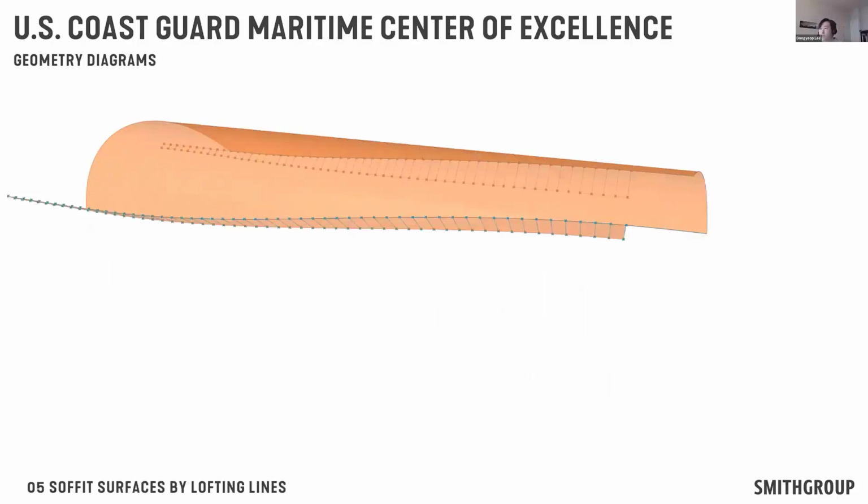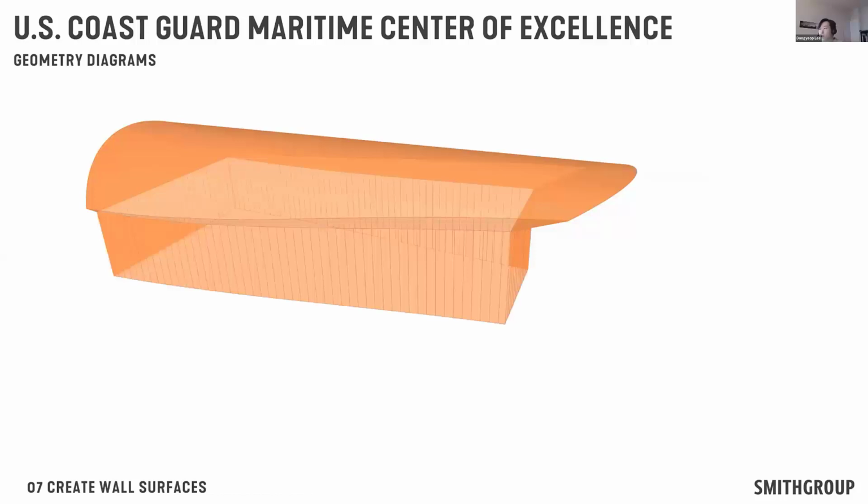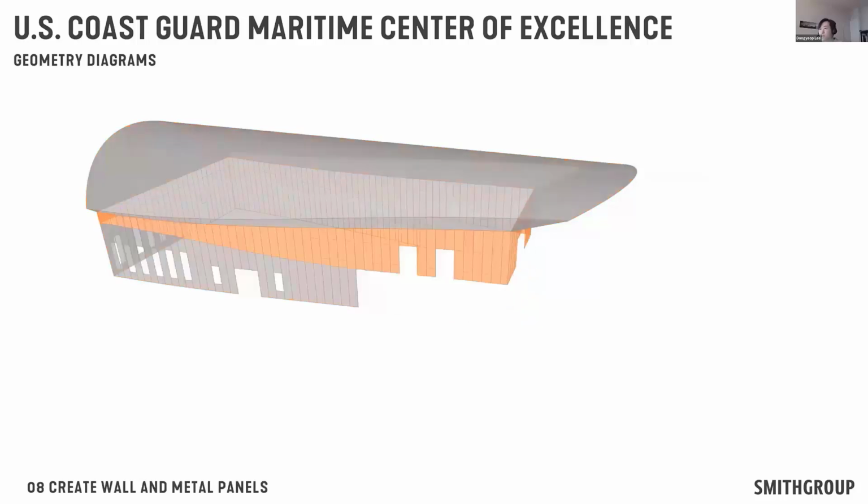These curves were offset to form surfaces, and then we trimmed these surfaces at the north and the south, which are shown on the right and left side, respectively, on this image. We projected the bottom surfaces to the ground to create wall surfaces.